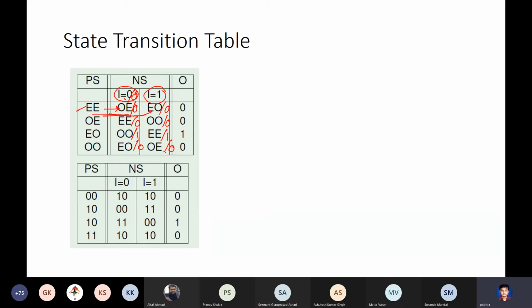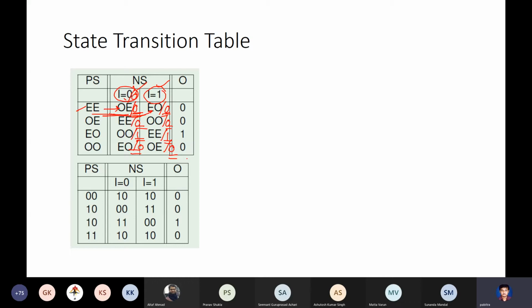But here you see the output is not dependent on the input. It's dependent only on PS, which basically means the value of the output is the same for all the columns of input. For both the input columns, the output is the same for each row.